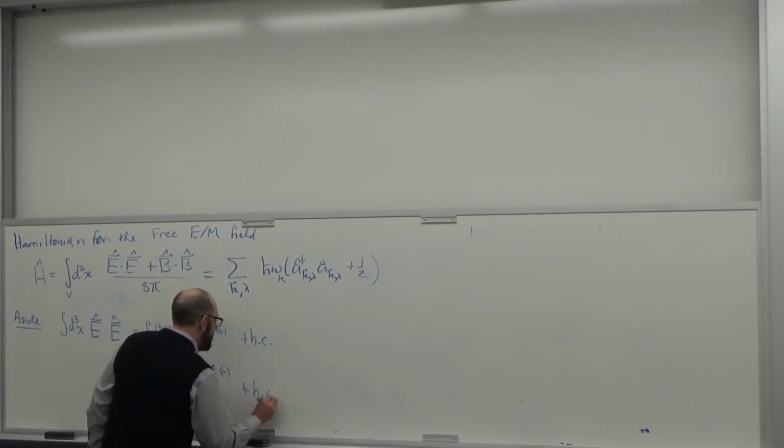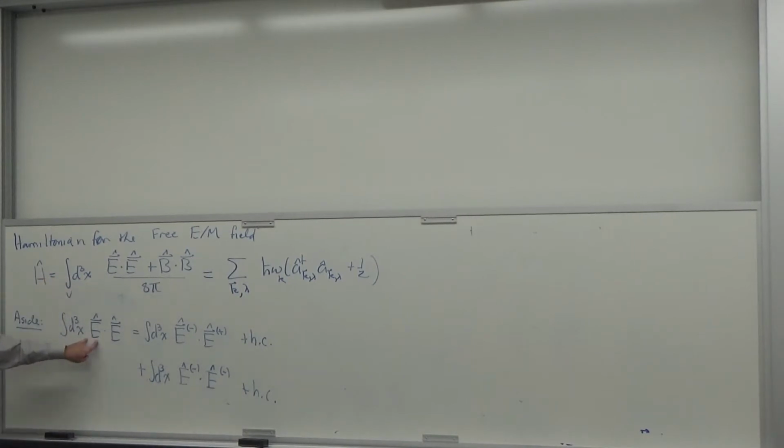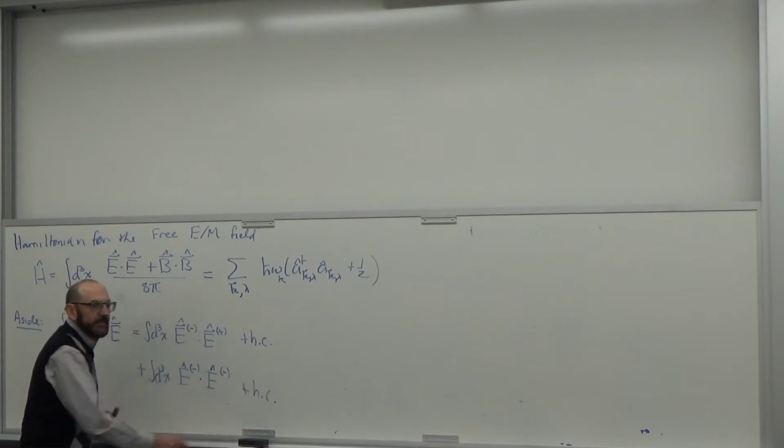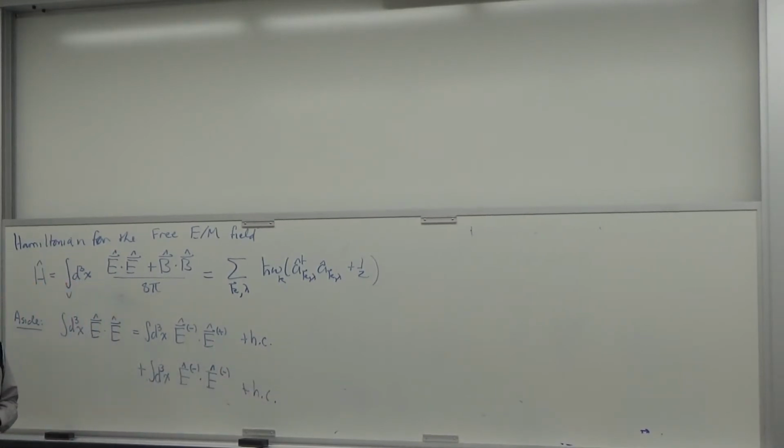So those are the four terms. Writing this as E plus plus E minus, and this is E plus plus E minus, I have four terms: the pluses with the minuses, and the pluses with each other. And so I have to calculate this, and then I have to take the Hermitian conjugate of each of those terms. All right?